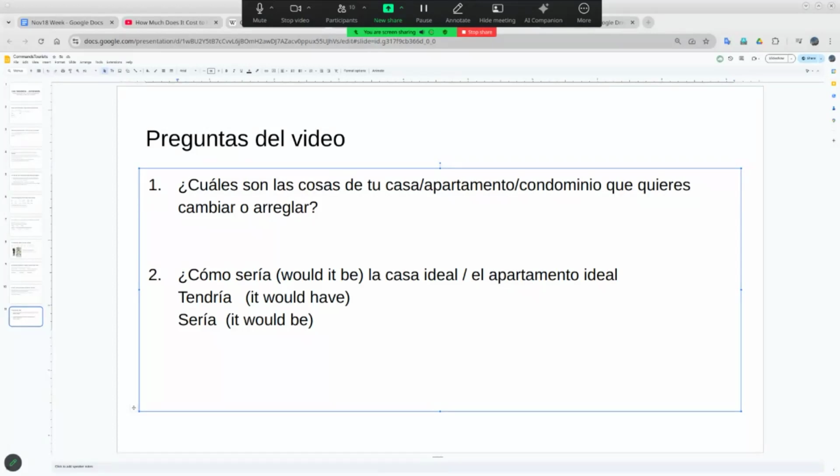Bien, hay otra cosa. Oh, sí, Cindy. Mi casa ideal tendría una mujer cueva. ¿Una qué? Cueva, cave. Perdón, no entiendo. Una mujer cueva, a woman cave. Oh, nice. I thought you said mujer, and I thought she meant something else. Y por eso no entendí.